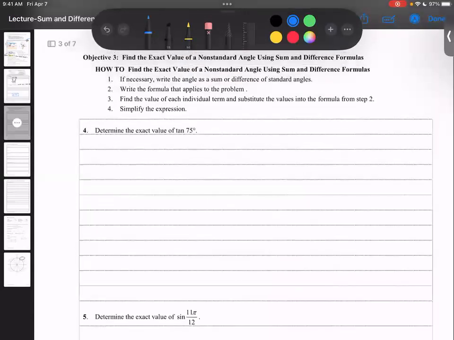All right. Next objective. What if I want you to find the exact value of some angle that you cannot find on the unit circle? You don't have 75 on the unit circle, but you have 30, 45, 60, things like that, right? So you want to use a formula. You want to break 75 up into something that you can look up on the unit circle.